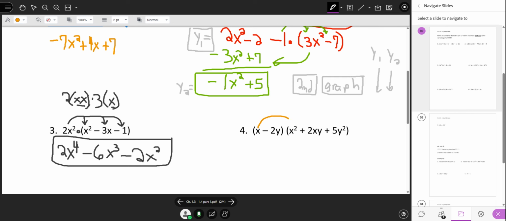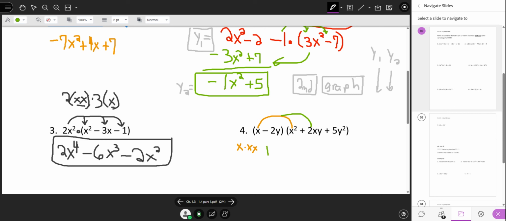So, notice what I'm doing. X times X. I'm going to make different colors for all of these because this one is really confusing.